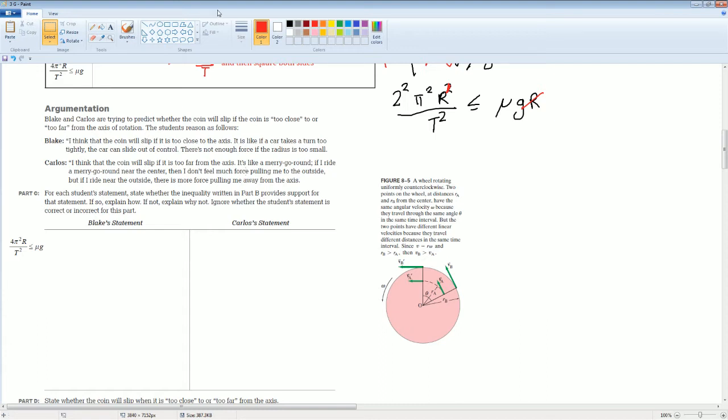All right. So here the student talked about, I think the coin will slip off if it's too close. So let's see if that's correct. I think the coin will slip if it is too close to the axis. Not quite.